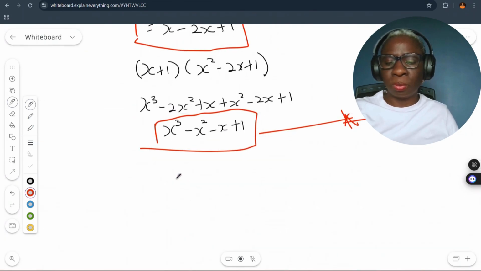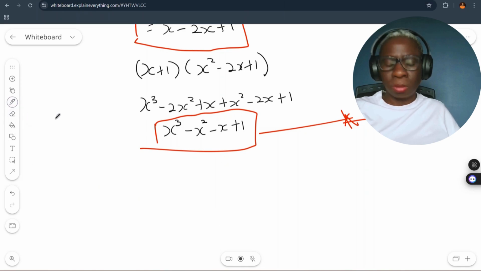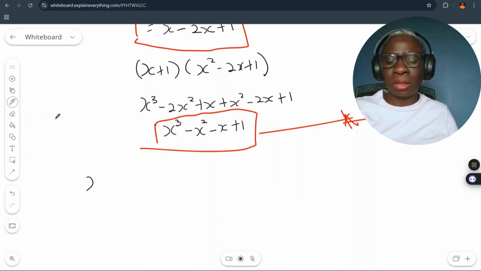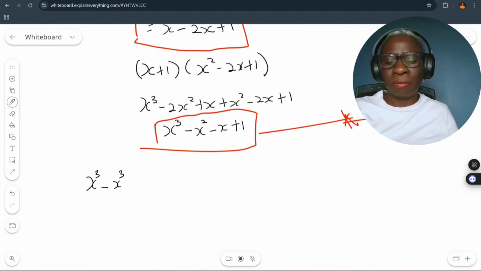The one at the top has x cubed, then we subtract from this x cubed, we have x cubed. Let's go and look for x squared, minus 6x squared. So we have minus 6x squared.